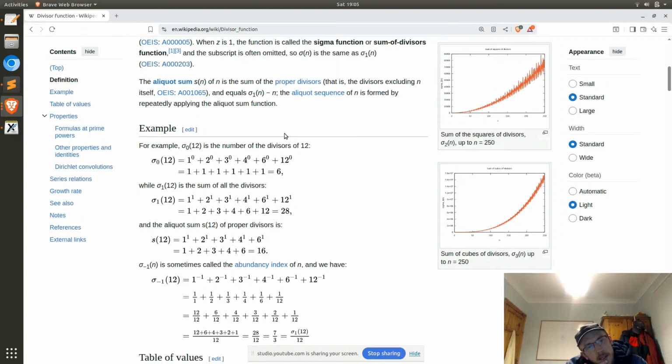Oh, I see. Sigma sub 0 of 12 is the number of divisors of 12. Sigma sub 1 of 12 is the sum of all the divisors.